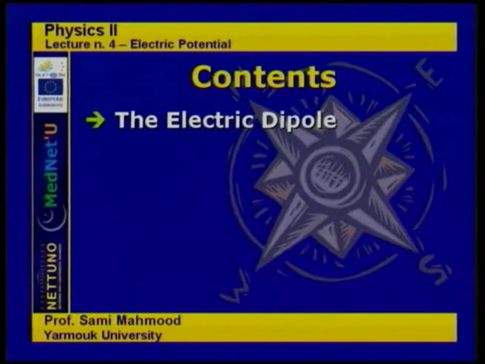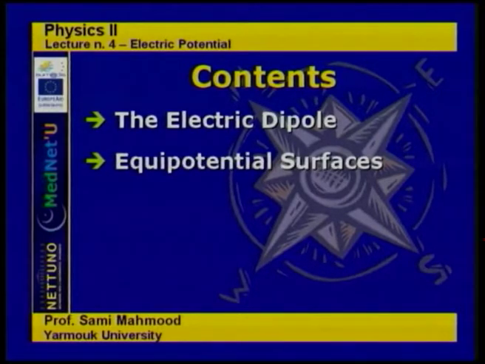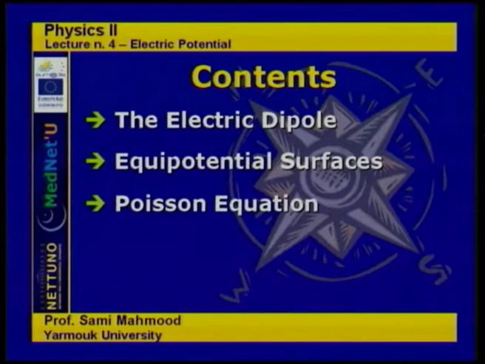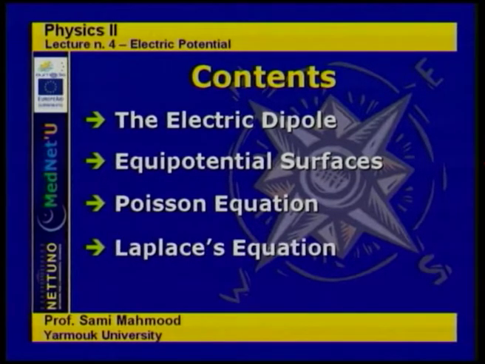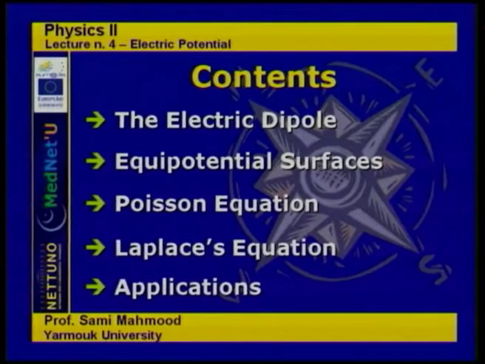And as an application, we will discuss the electric dipole problem, and the equipotential surfaces. Then we will set up Poisson's equation and Laplace's equation, and touch on some applications of these.